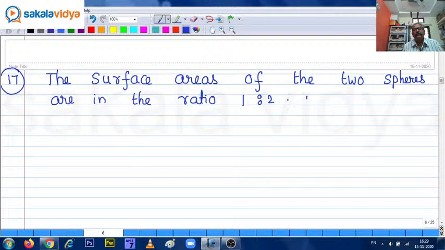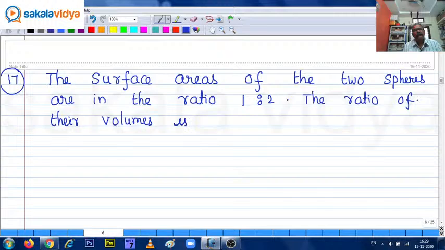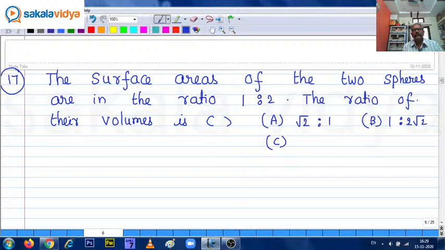The ratio of their volumes is: A √2:1, B 1:2√2, C 1:8, D 1:4.